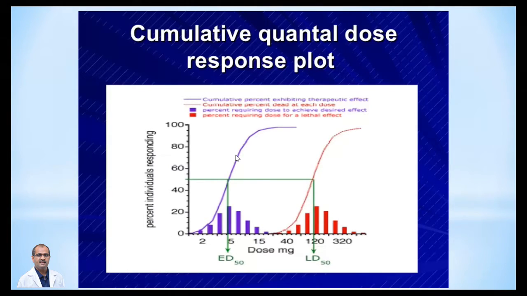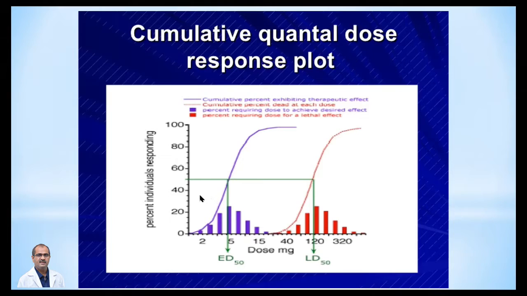Suppose you are testing a drug in about 100 rats or 1000 rats, and you convert them into percent. So there are two types of responses. One is effective dose 50, then lethal dose 50. Initially, as the dose goes on increasing, the percent of responding individuals also increases.